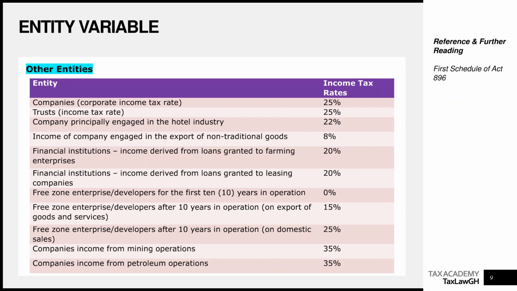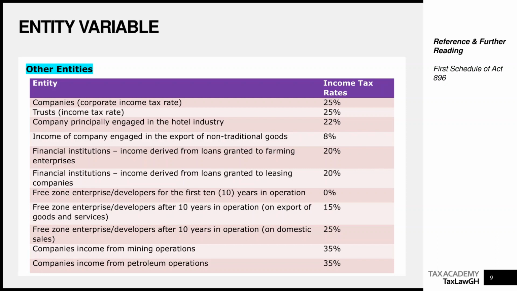So imagine that you are a company. If you changed what you were doing, which here I could say also falls under the activity variable, but for now, let's look at the standard entity variable. So for a free zone company or developer who has chosen to register with the Ghana Free Zones Board, they will pay 0% income tax for 10 years.